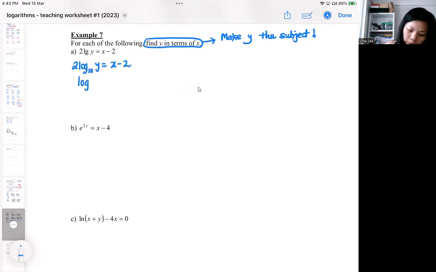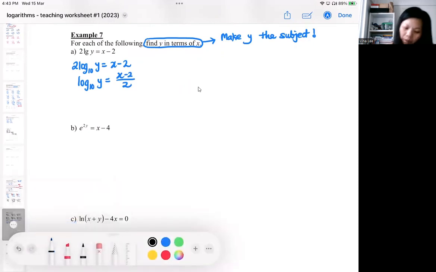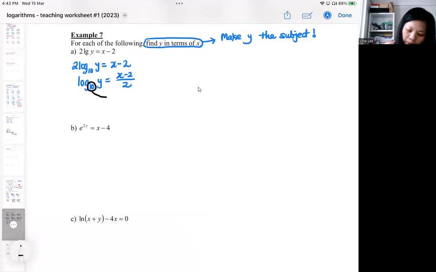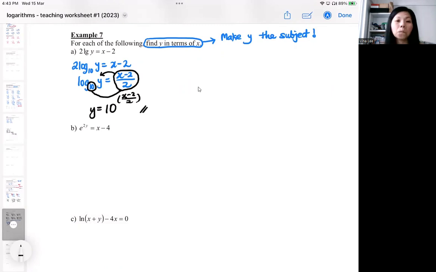I need to isolate the y that is hidden in a log, so I need to do something like this, so that this is the base, and this whole thing is the power and is equal to the answer. So can you see? The answer, y, is 10 to the power of x minus 2, over 2. So you make y the subject through the changing that you know.